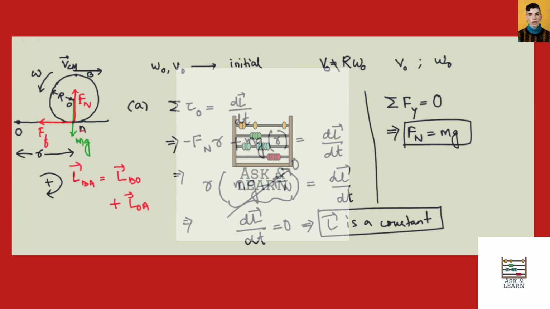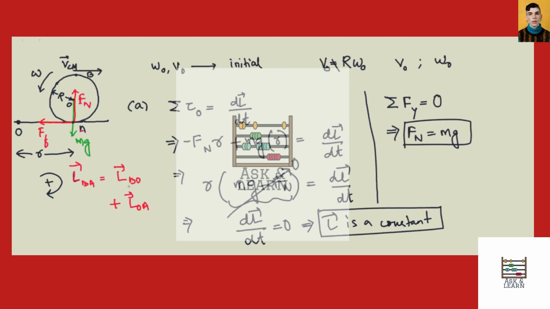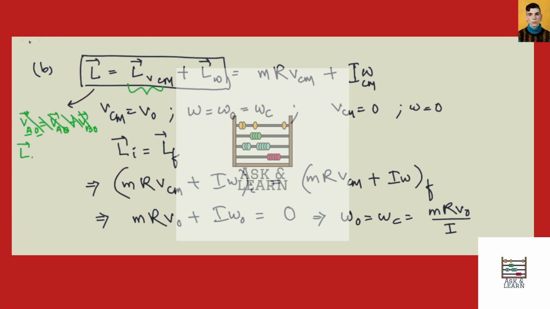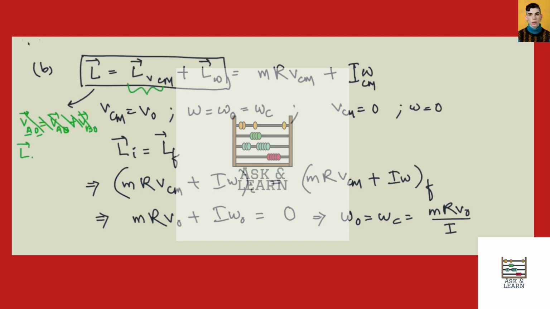And angular momentum of B with respect to O is I times omega, where I is the moment of inertia of the center of mass of the ball. Yeah, so that's how we arrive at this relation.